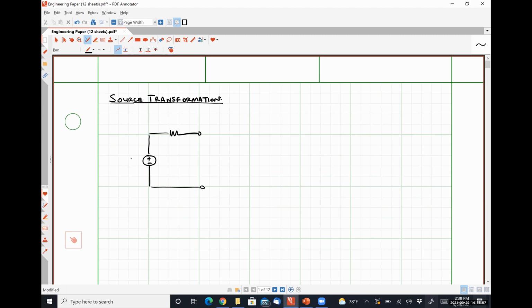So on the left-hand side here, I have a voltage source in series with some resistance RS. And I'm going to call this a practical voltage source.